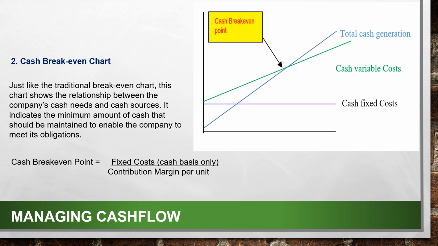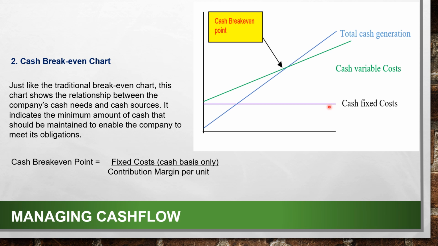As you can see here, let's just use a highlighter. This is the total cash generated, this line here. And we have here the cash variable cost. This point here is the cash break-even point.